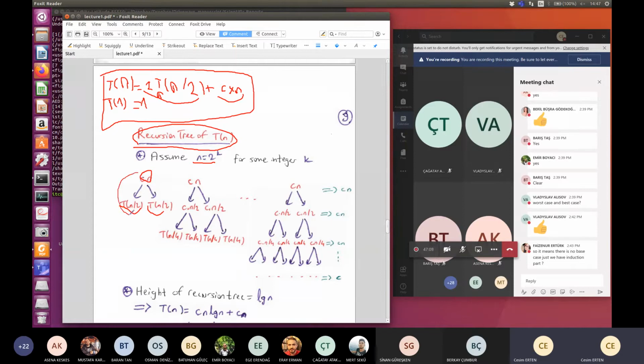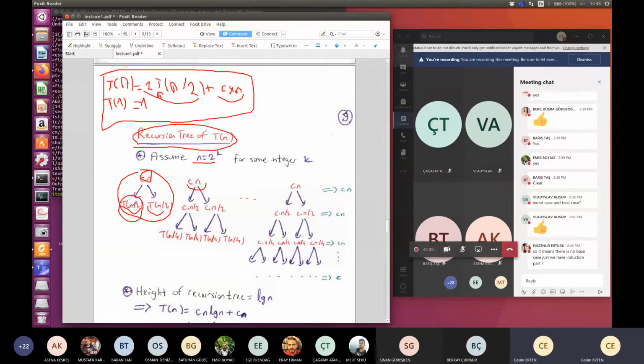Now, if I sum up all the terms in this initial tree, I should get T of n, because I have 2 T of n divided by 2 and also Cn. Now, from now on, I will try to do another expansion. In this expansion, I will not touch the Cn part because it already is expanded. It already is in closed form. I will first expand this T of n divided by 2.